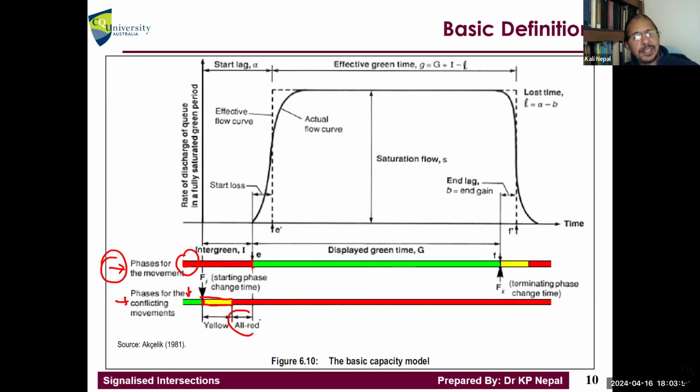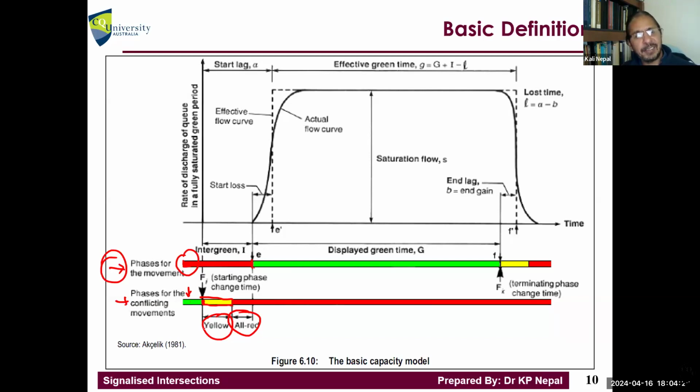But an all red also needs to be introduced, because you don't just stop at the yellow and allow the other to go, since some people just cross over the line during the yellow time. They can't clear the intersection. So we provide yellow, sometimes 1 second to 2 seconds, so that all signals get the red, so that the intersection will clear.